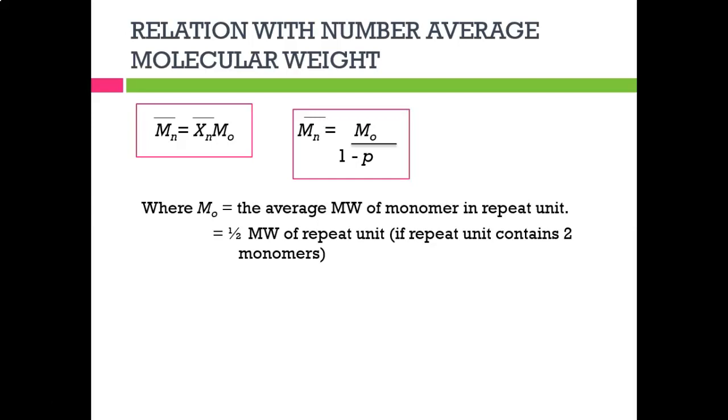So you can derive from the main equation, which is Xn, and you can get the Mn equal to M naught over 1 minus p. From that you can derive Mw, and the last one you will get Mw equal to M naught 1 plus p over 1 minus p.